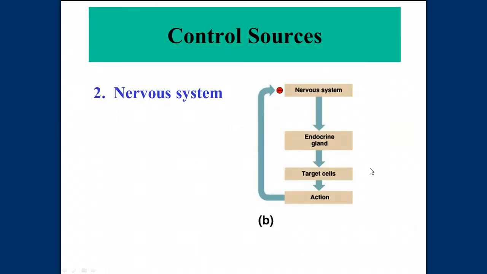Another source is the nervous system. Throughout your body, you have chemoreceptors. These chemoreceptors are stimulated by particular chemicals that are found in the interstitial fluids, in the bloodstream, in the cerebral spinal fluid, and these receptors send the information to the nervous system near the thalamus and the third ventricle in the brain.